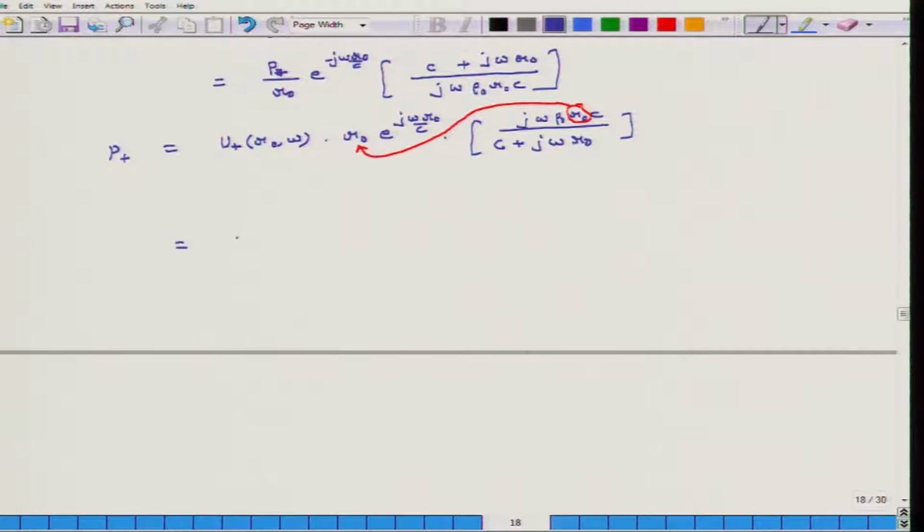So, this is equal to u plus at r naught and omega, which is the velocity of the diaphragm or the sphere, times r naught squared, e to the j omega r naught over c, times j omega rho naught c divided by c plus j omega r naught.